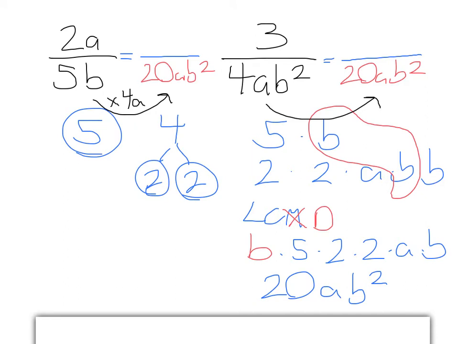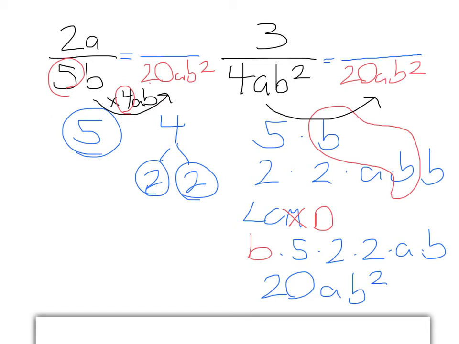So b times what will give me b squared? And you might remember that b times b will give me b squared. So there it is. We have to multiply 5b times 4ab in order to get 20ab squared. All right, let's confirm that this makes sense. 5 times 4 does give us 20.